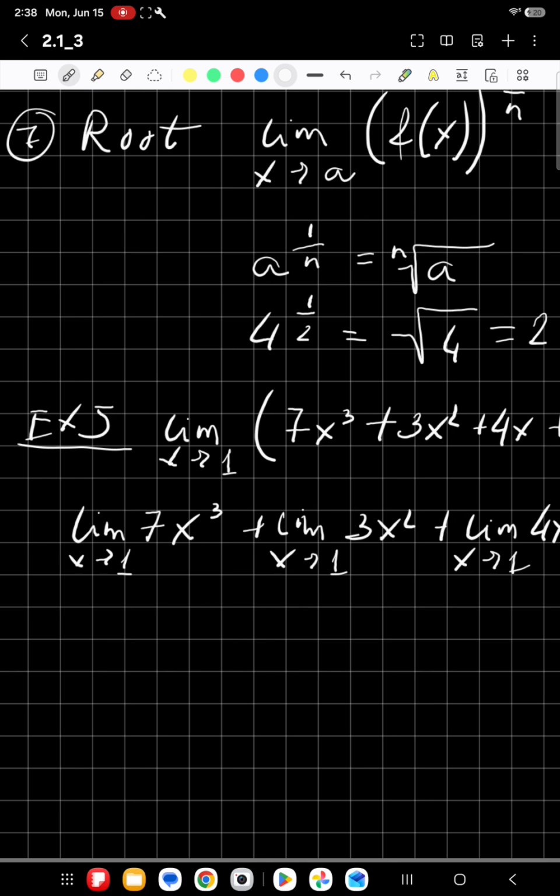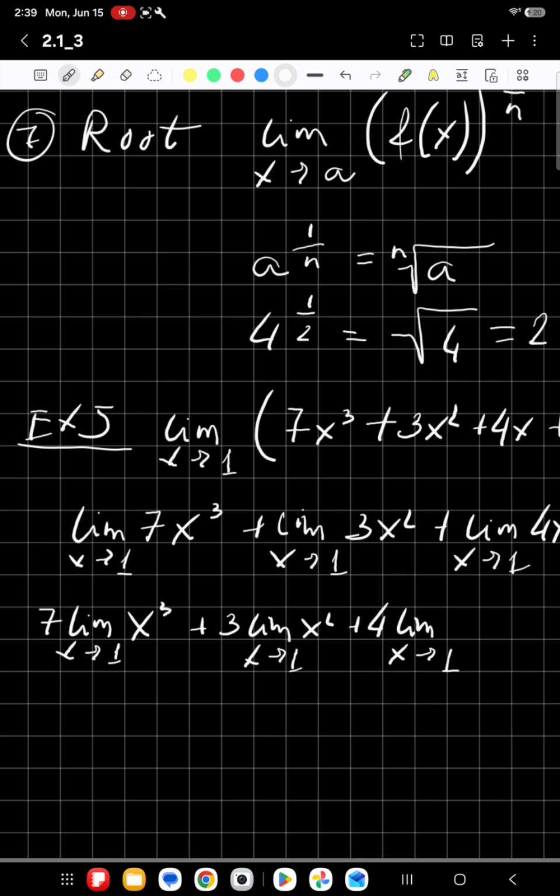So we have 7 times the limit x going to 1 of x cubed, plus 3 times the limit x approaching 1 of x squared, plus 4 times the limit x approaching 1 of x, and then plus 2, since the limit of 2 as x approaches 1 is just 2.